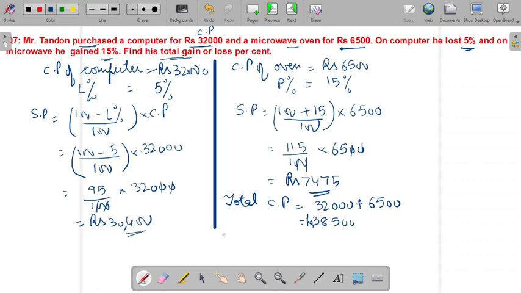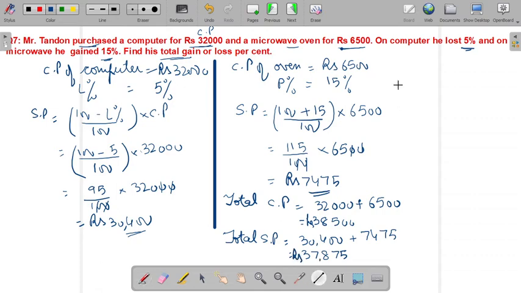And total selling price is 30,400 plus 7475. So this is equal to 37,875. This is the selling price.